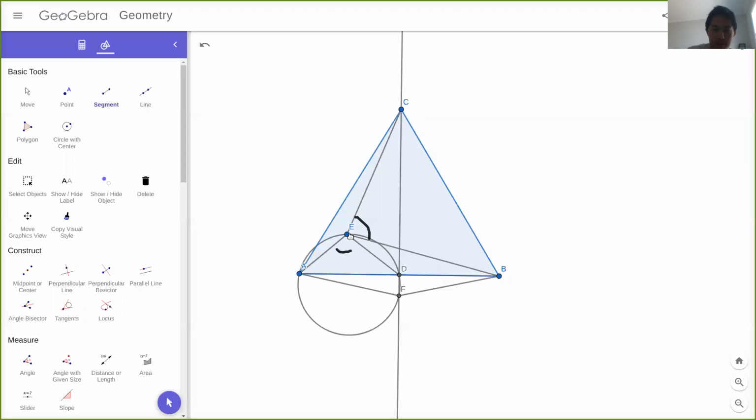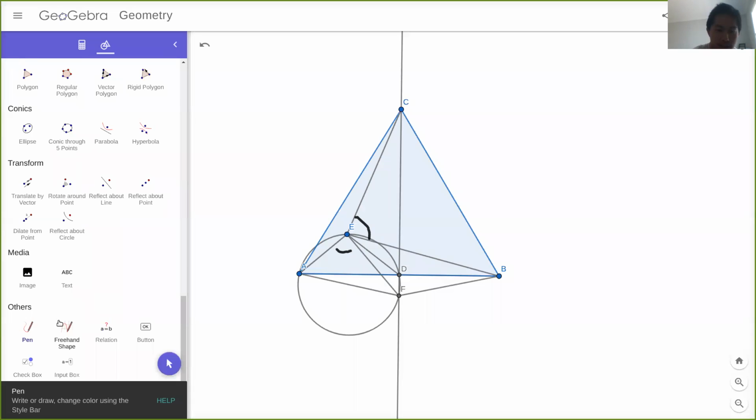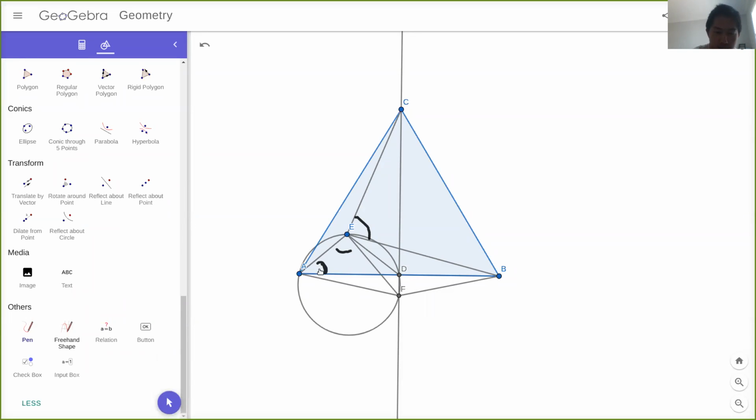So since EBC is one of those angles in the condition, so this angle right here is one of the angles in the condition, we want to show that the other angle in the condition is equal to EFC. And how do we show that? Well, we already defined F to be on this circle, right? So if we draw in EF right here, we are given that angle EAB is equal to angle EBC.